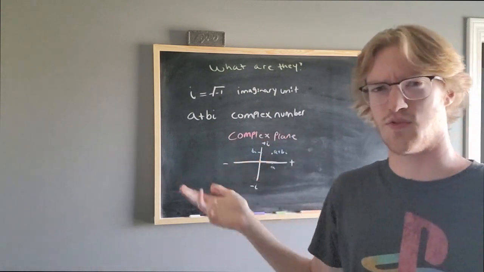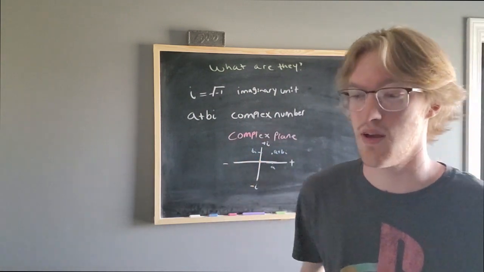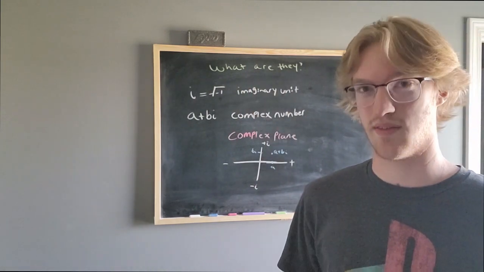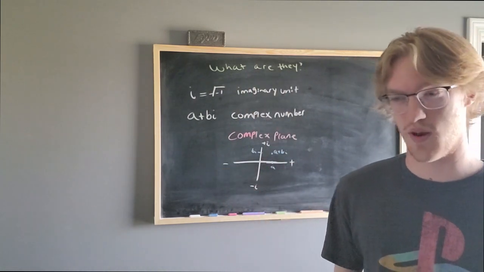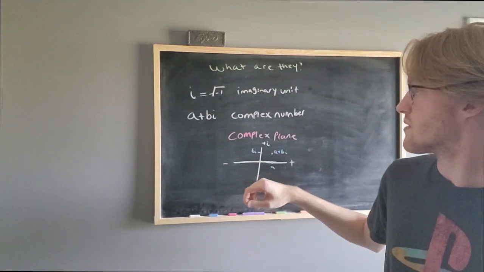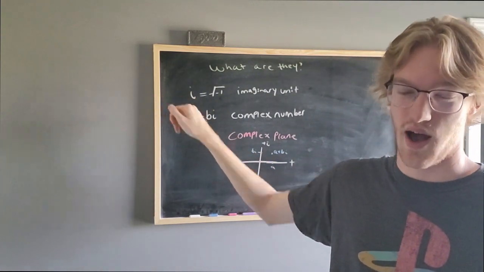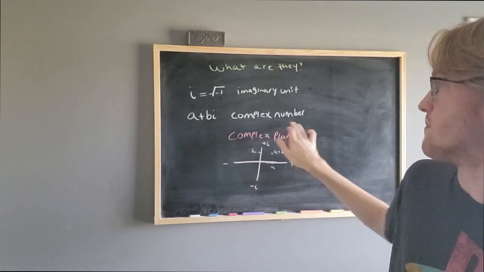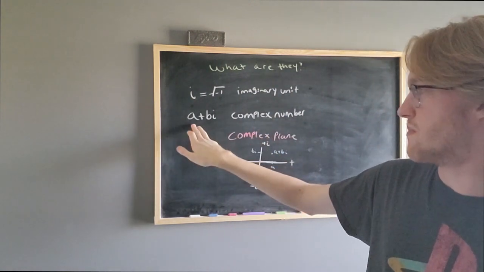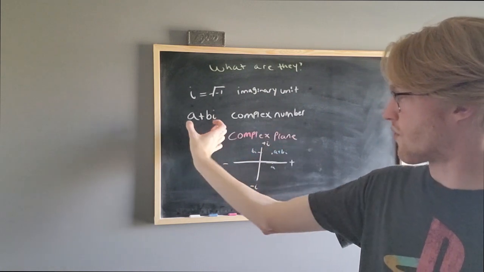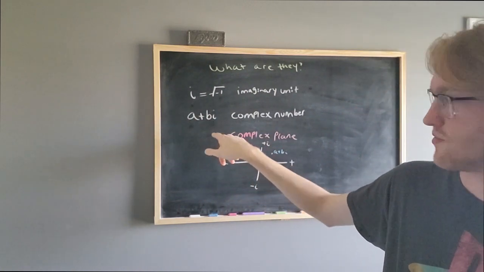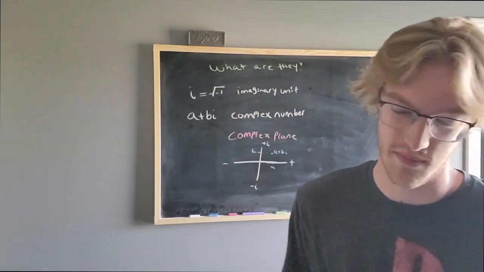It doesn't have to be -1, it can be any negative number, but generally we just call it -1 because that's more broad. We represent this with the letter i, and we form complex numbers by combining a real part plus some imaginary part, so it's i multiplied by some number.